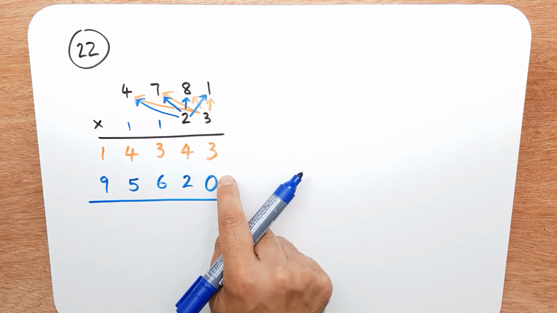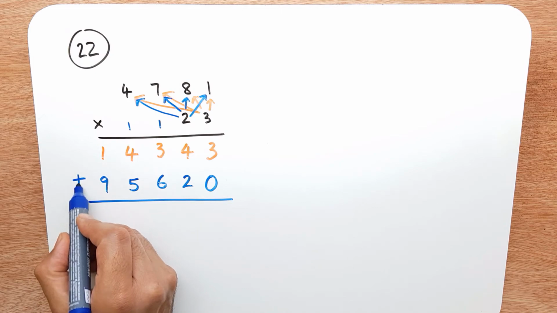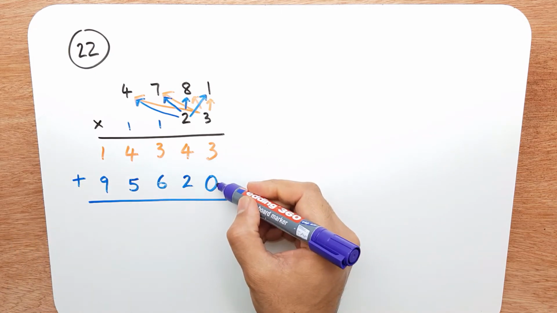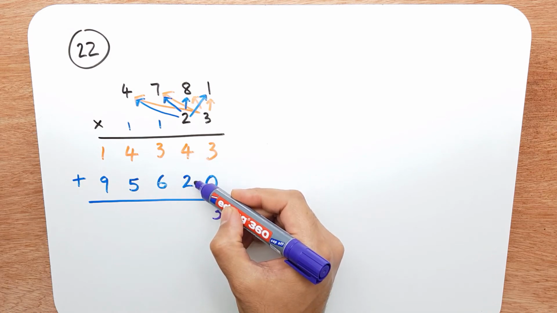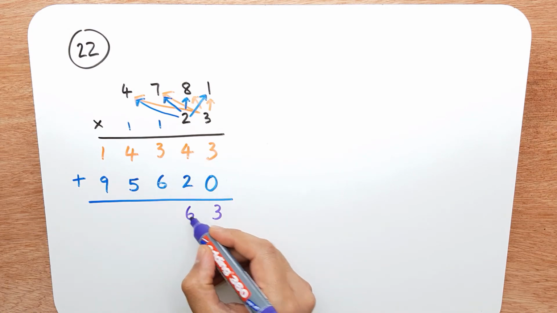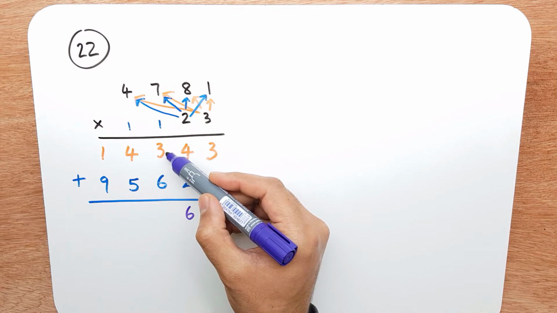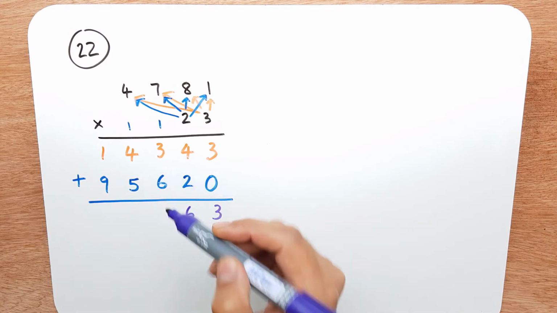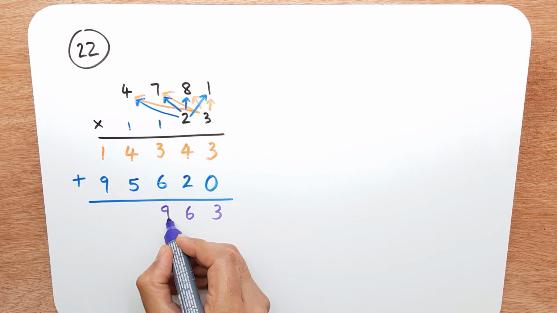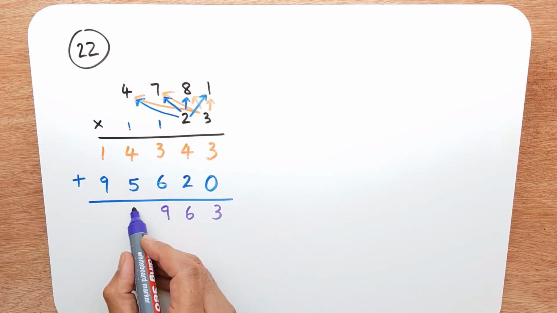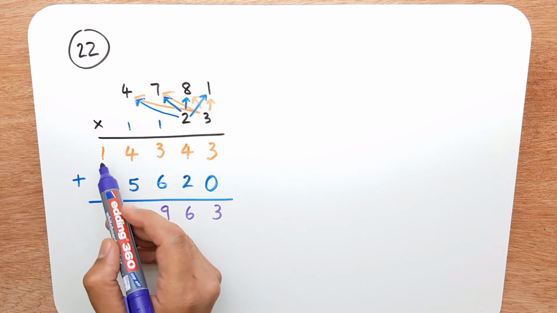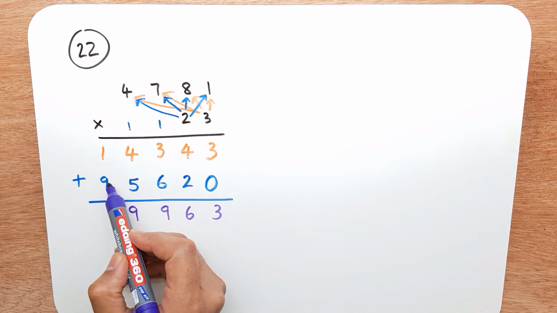Now we simply add these two numbers. 3 add 0 is 3. 4 add 2 is 6. 3 add 6 is 9. 4 add 5 is 9. And 1 add 9 is 10.